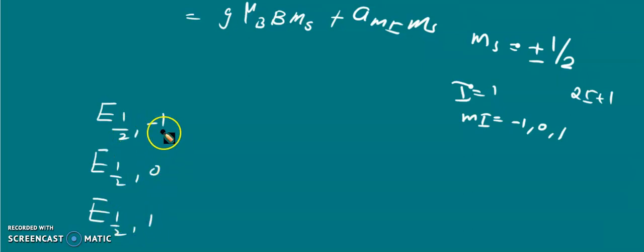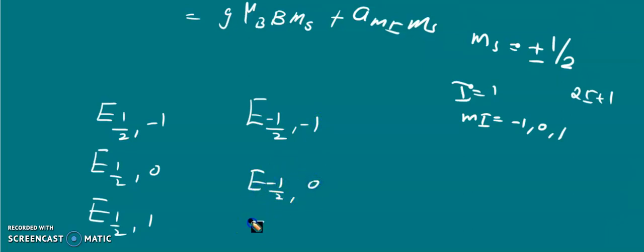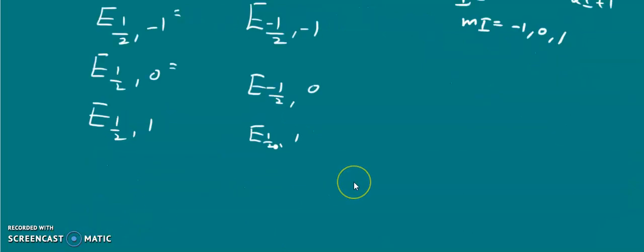These are m_s values and these are m_i values. Similarly, for m_s minus half: E(minus half, minus 1), E(minus half, 0), E(minus half, 1). So substituting m_s and m_i, please find out the 6 values and accordingly plot the energy levels. This is an assignment for you.